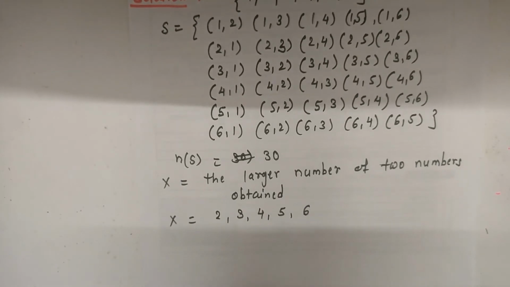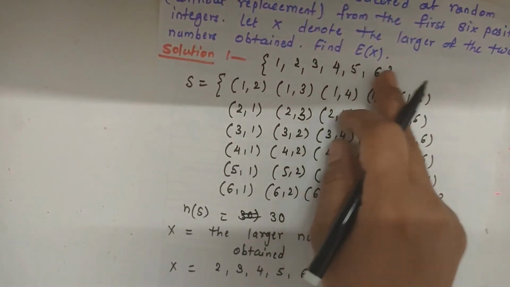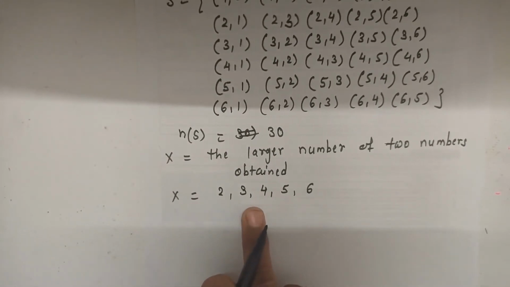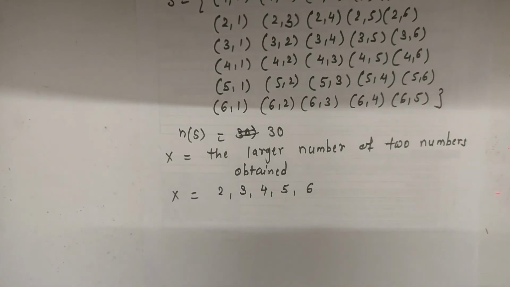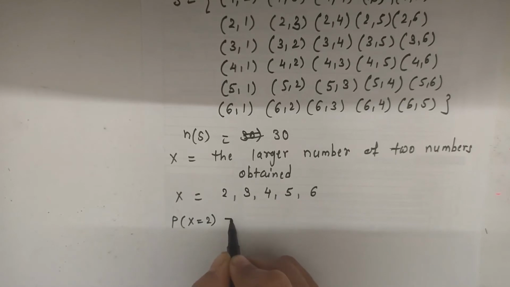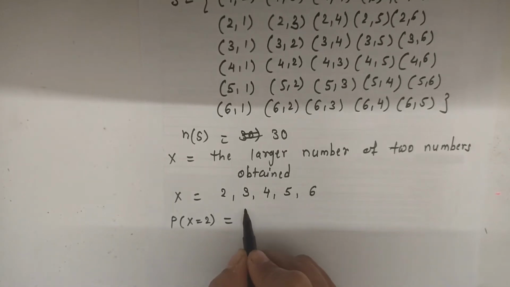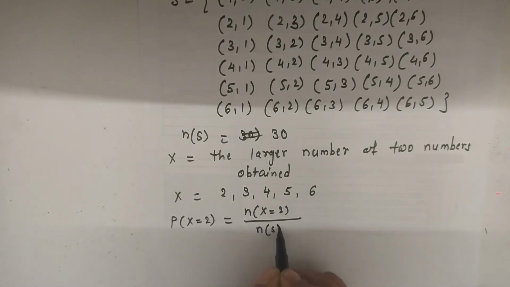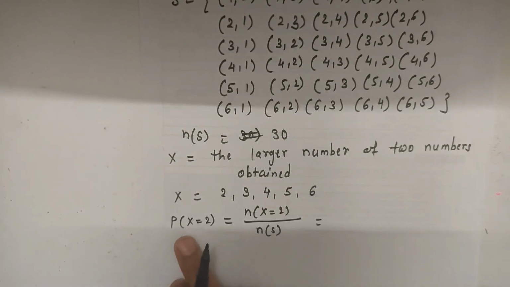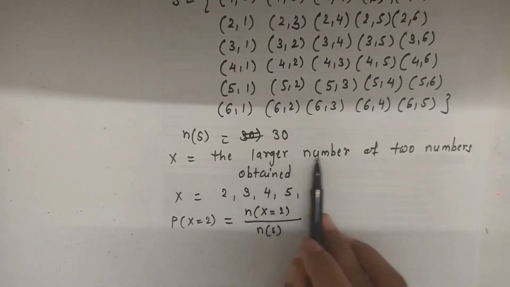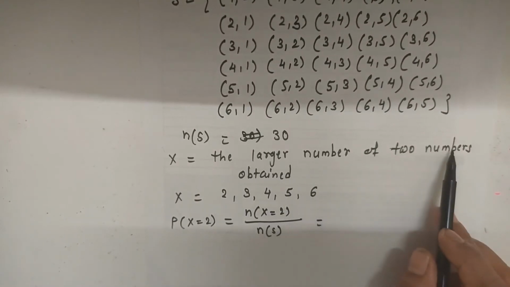Now for the expected value E of x, we have to find the probability of this x. So the probability of x equal to 2 is the number of outcomes with x equal to 2 upon the total number of sample points n(S). Here for x equal to 2, the random variable is the larger number of the two numbers.